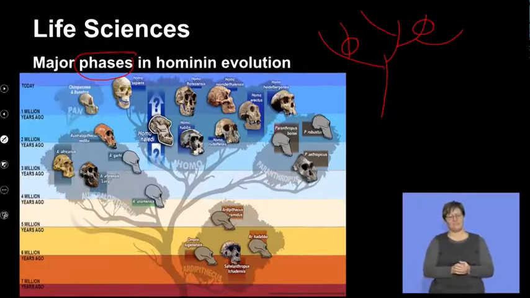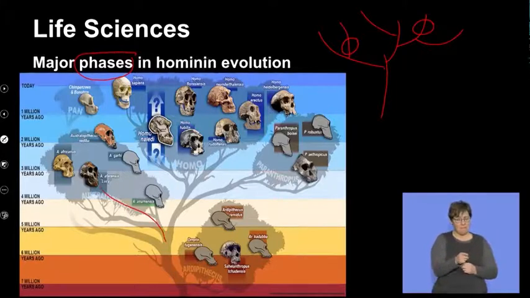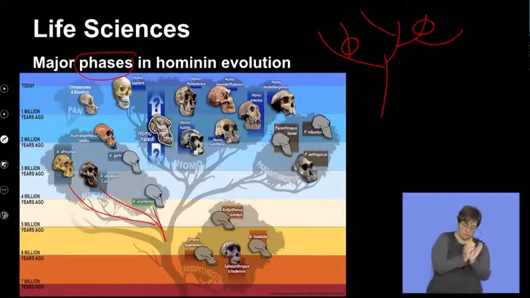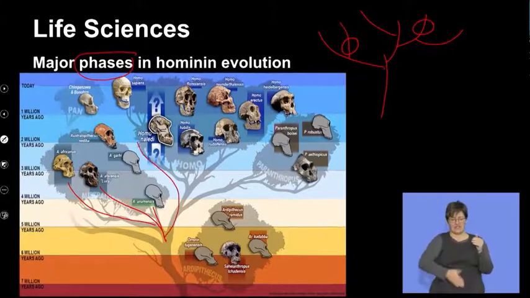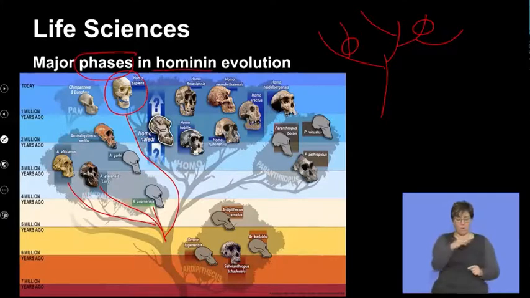When we look at this tree, you're going to notice that some parts of the tree just stop. That means that that particular species is no longer around. And if we look at this tree, the only one out of the hominin evolution that is around today is us, the Homo sapiens.